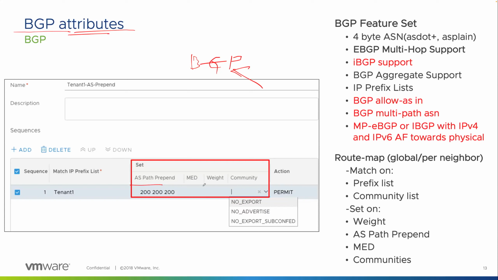So it's AS-path prepending, MED, weight, local preference, community. You can use a lot of pretty old school attributes to manipulate the whole BGP decision. That's all of the things you can configure in NSX. But for enterprise use, they're not very complicated as compared to a service provider or internet backbone.